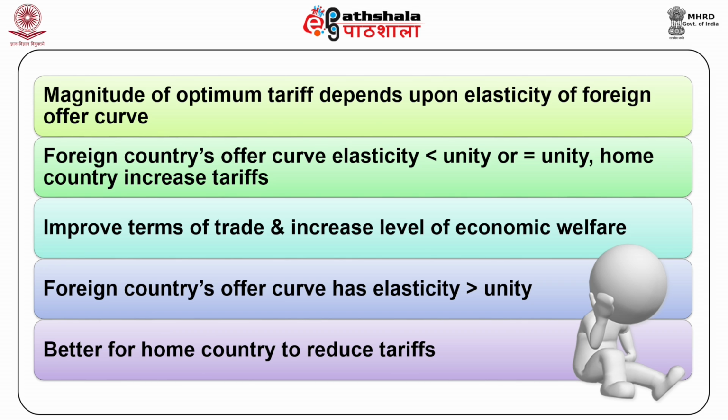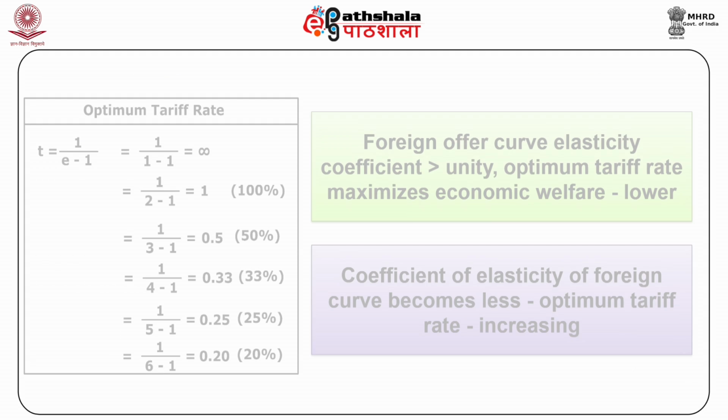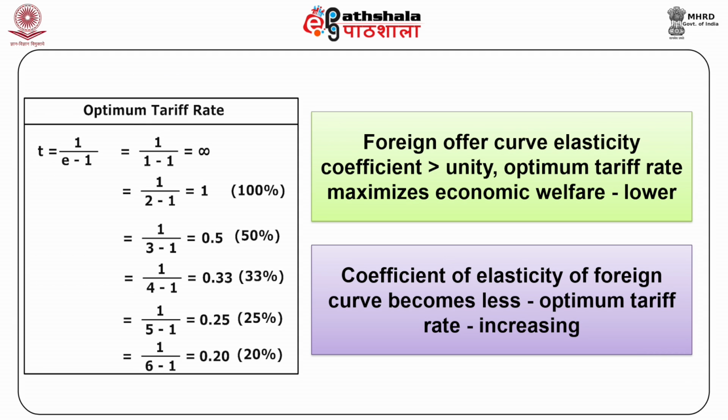On the other hand, if the foreign country's offer curve has elasticity greater than unity, it will be better for the home country to reduce tariffs. The table proves that as the foreign offer curve elasticity coefficient becomes greater and greater than unity, the optimum tariff rate that maximizes economic welfare will become lower and lower.